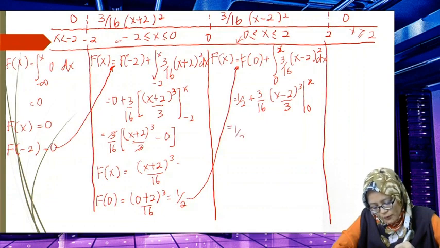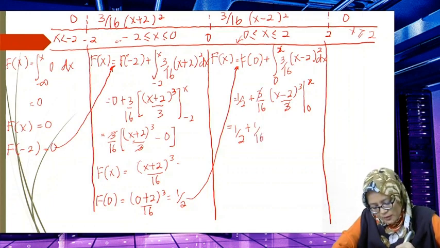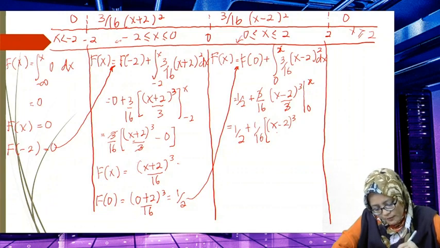So 1/2 plus, this can be simplified, the 3 can cancel. So 1 over 16 is a constant, and we substitute the value x minus 2 cube, minus 0 minus 2 cube.